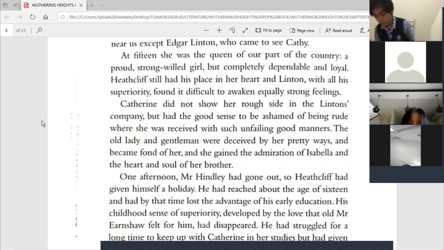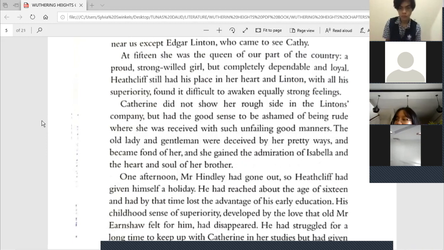superiority, found it difficult to awaken equally strong feelings. Catherine did not show her rough side in the Lintons' company, but had the good sense to be ashamed of being rude where she was received with such unfailing good manners.